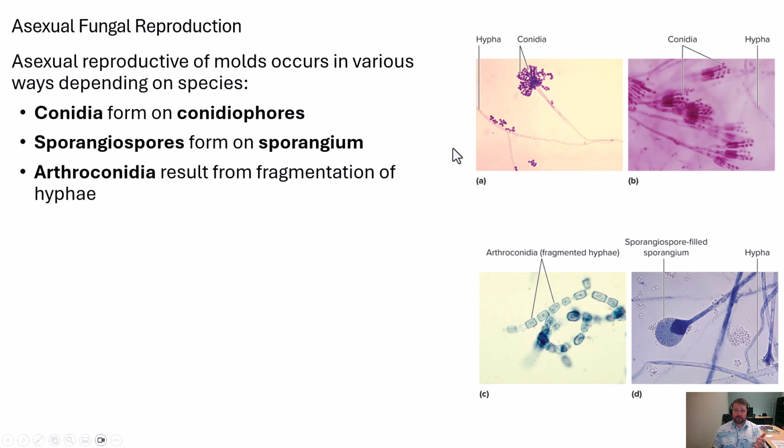If it's a conidia form or conidia spores, then they belong to that group. Is it a sporangium or a sporangiospore that is encapsulated here? Then they belong to that group.